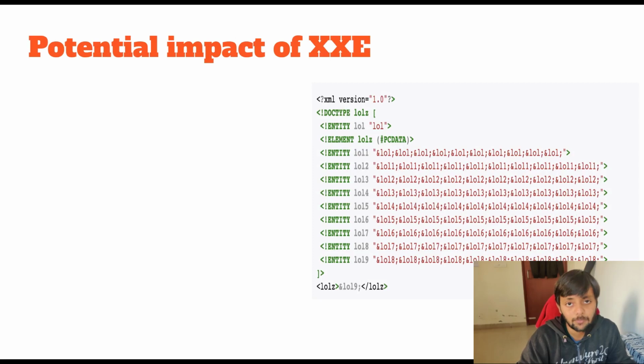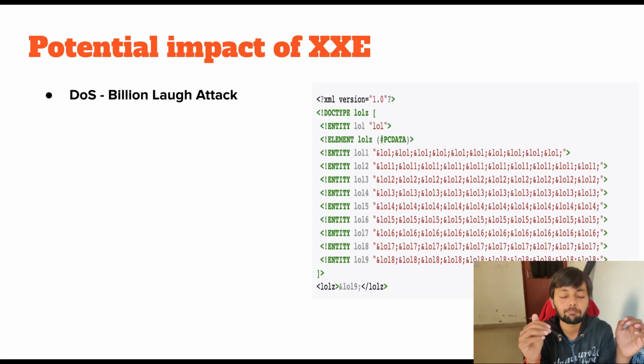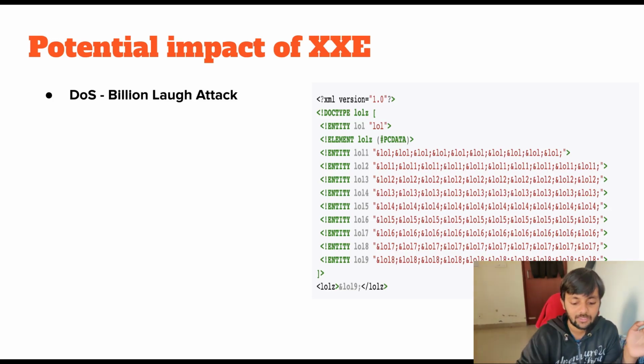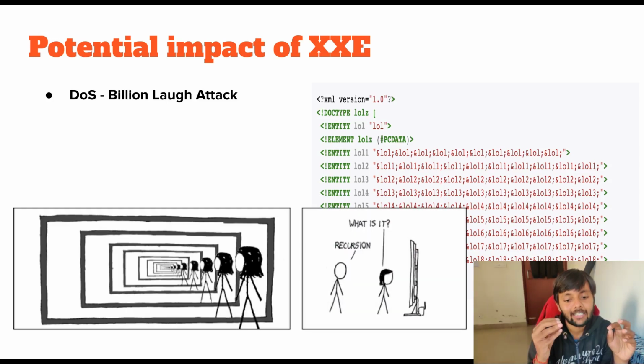Now if you ask me the potential impacts, there could be DoS. There's the classic billion laughs attack, and that's what the payload is. The screenshot is there on the right side. What happens is the XML parser gets into a recursion loop. If you are not from computer science, recursion is basically calling itself again.